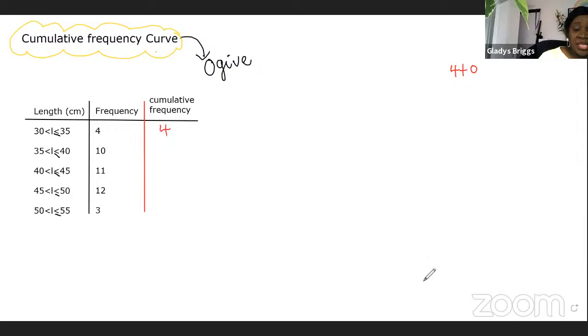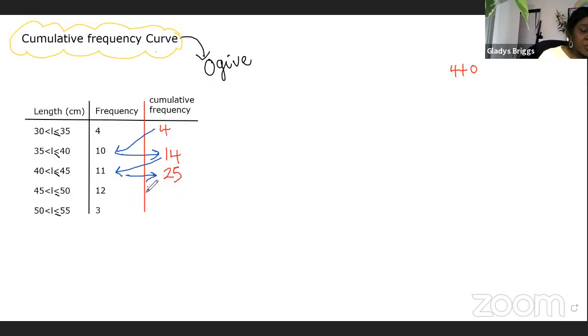The next one is 4 add 10, and you write the answer here. 4 add 10 is 14. And the next one is 14 add 11, and you put the answer here. 14 add 11 is 25.